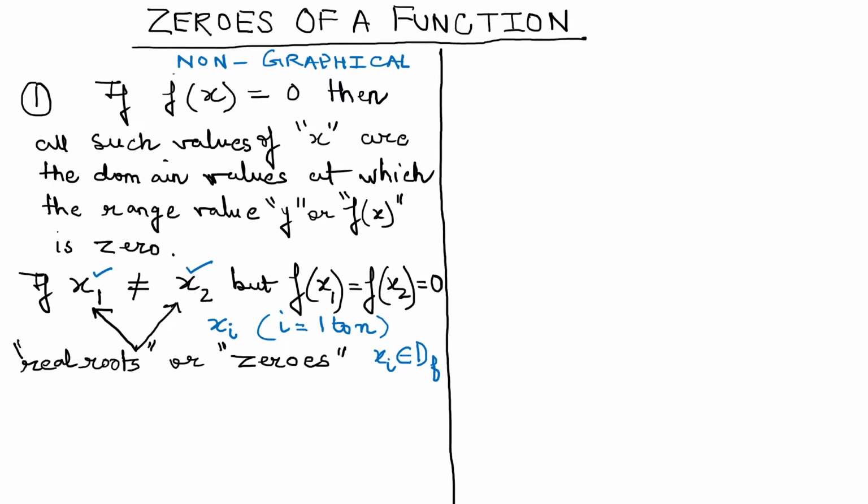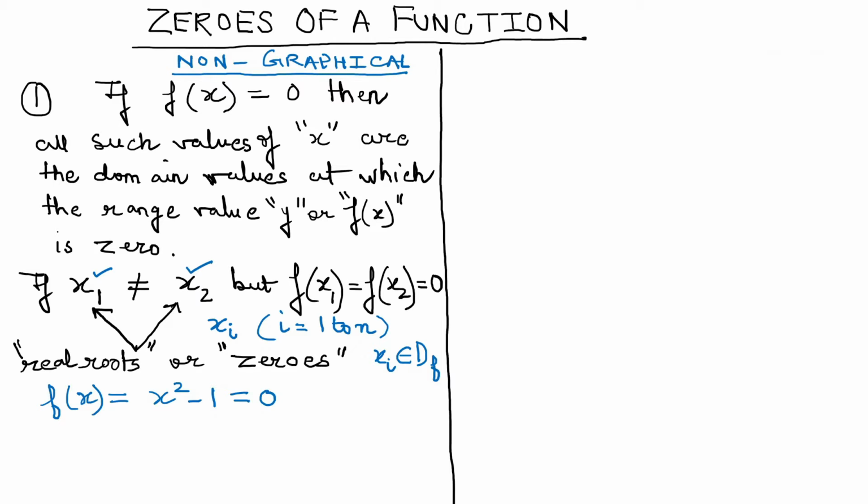Okay, now going forward, let us understand this with the help of an example. The example that I am taking here is, let us say the function f(x) is equal to x square minus 1, and I want to equate it to 0 to get the zeros of this function. So how do I get the zeros or the real roots of a function?